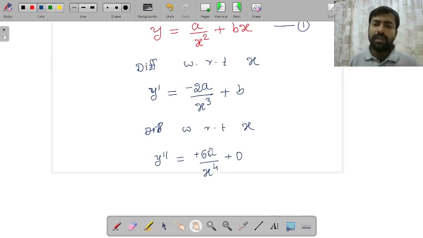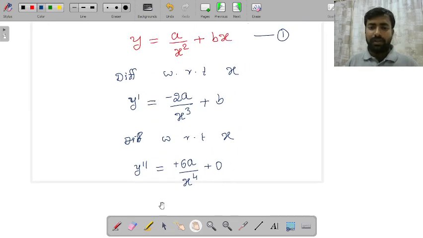Wow. So here if you observe that b got eliminated. Now it is enough to find a and substitute it here in the last expression, right? So now I'll do one thing. I'll make use of the given expression and the first derivative of y to eliminate b and to find out a. Okay, so let me assume 2.